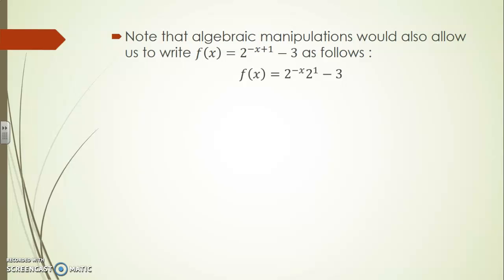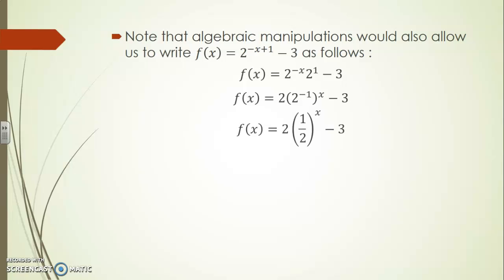So 2 to the minus x times 2 to the 1 would be identical to 2 to the minus x plus 1. 2 to the 1 is 2 and can be brought anywhere to the front. 2 to the minus x is equivalent to 2 to the minus 1 to the x, which in turn is a half to the x.